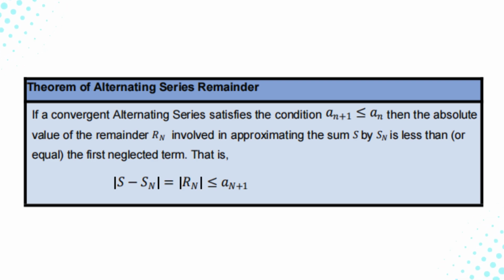So the theorem of alternating series: if a convergent alternating series satisfies the condition a sub n plus 1 is less than or equal to a sub n, then the absolute value of the remainder R sub n involved in approximating the sum S by S sub n is less than or equal to the first neglected term. So the absolute value of S minus S sub n, which is equal to the absolute value of R sub n, is less than or equal to a sub n plus 1.